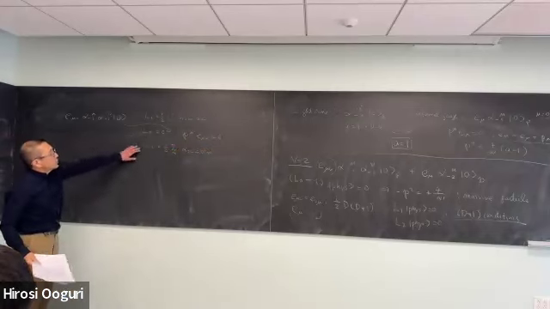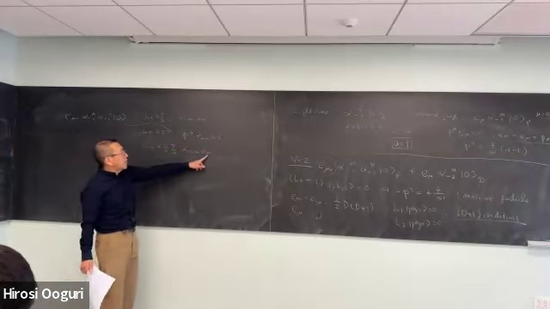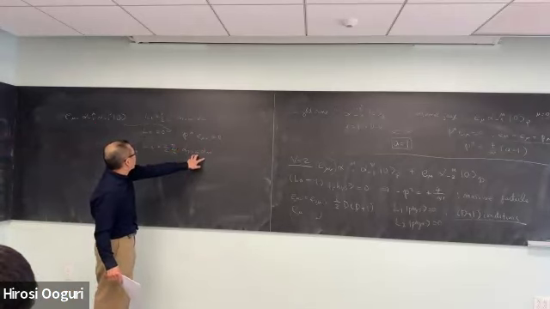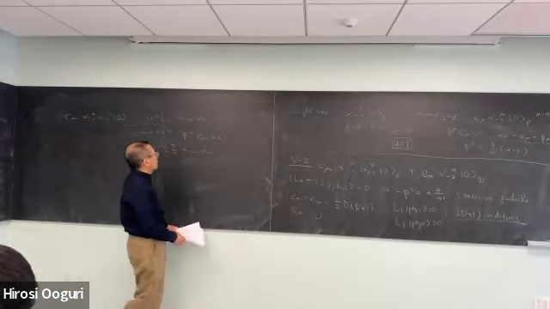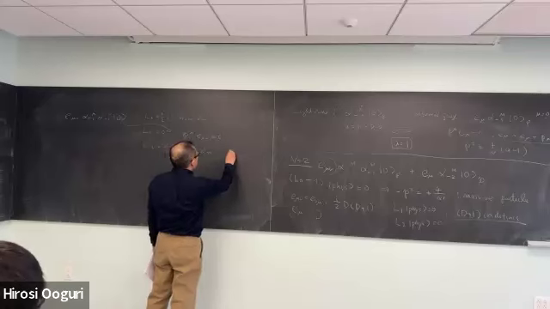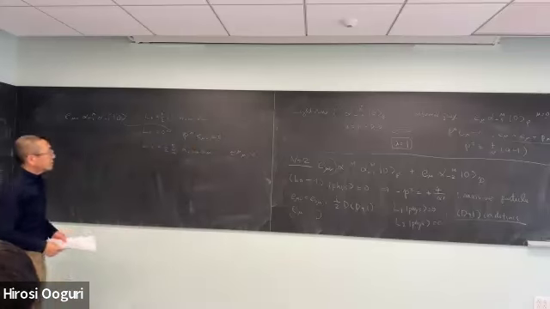But this does not impose any condition on this, because if m is equal to 1, this is 1. So it imposes two conditions. I'm sorry. It imposes one condition, because this would impose a condition that E mu nu is equal to 0. Right?